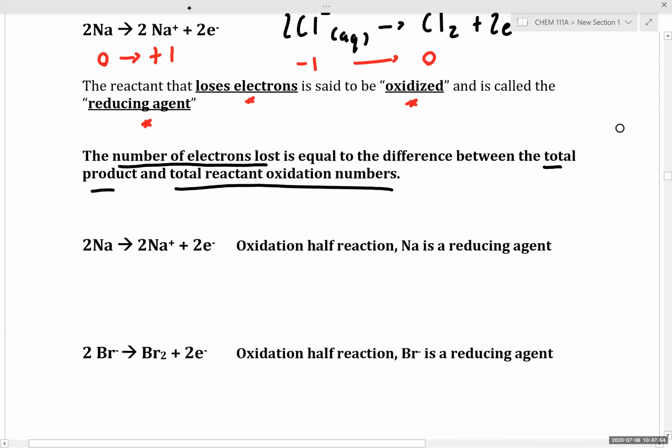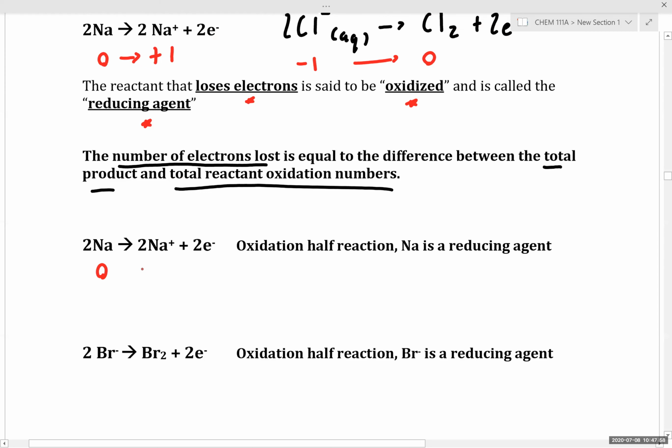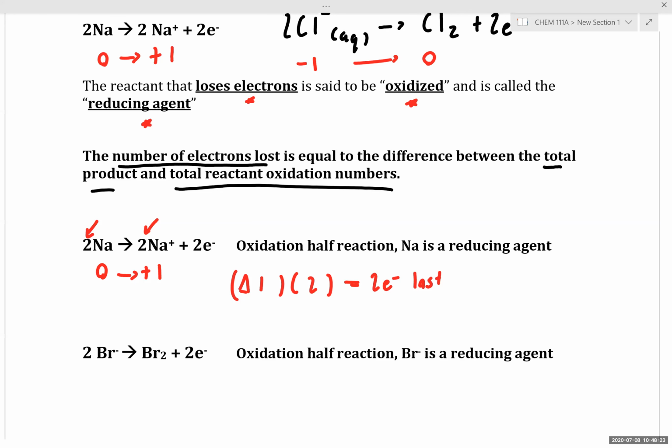So in this case, for example, when we go from sodium to sodium plus, we go for an oxidation number of 0 to +1. So we have a net difference of 1, and we have undergone this change in oxidation number 2 times, so that gives us 2 electrons lost. Does that make sense to everyone? Let's look at another case.